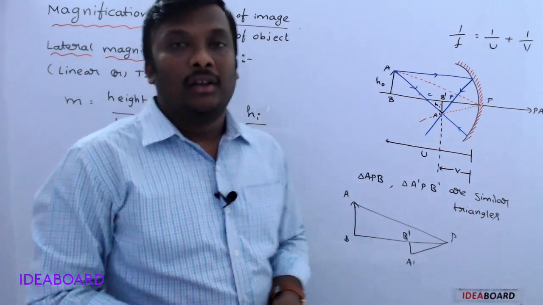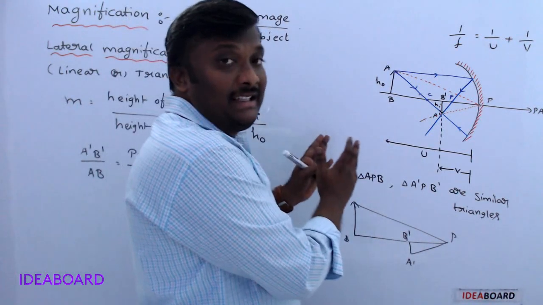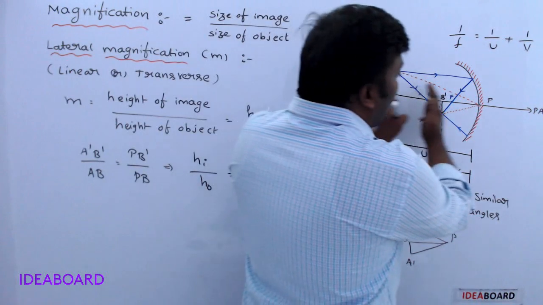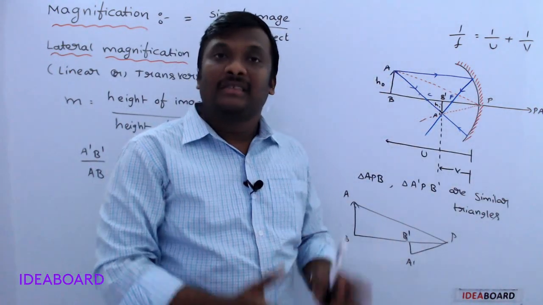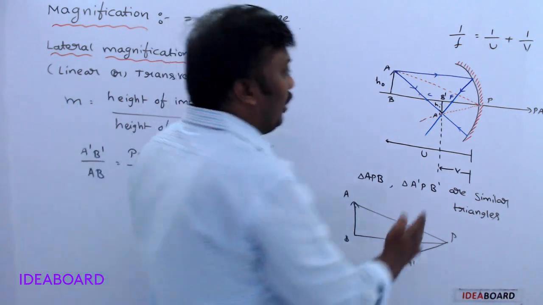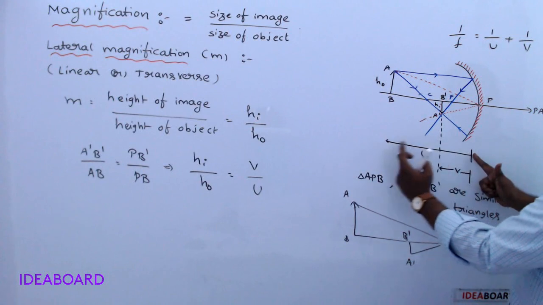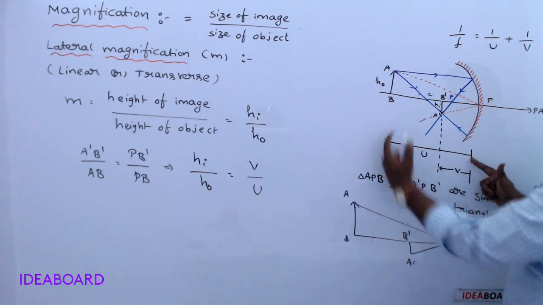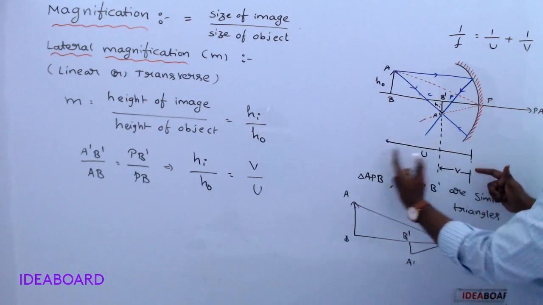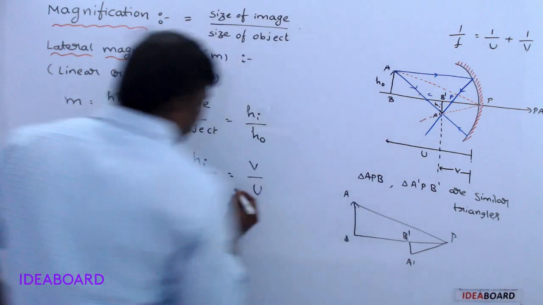In the second point of the sign conventions, what we learned is that if the distances are measured in the direction of the incident light, they are taken as positive, otherwise negative. Now you measure the distances from here to here, which are in the opposite direction to the incident light. That's why V and U are both negative.